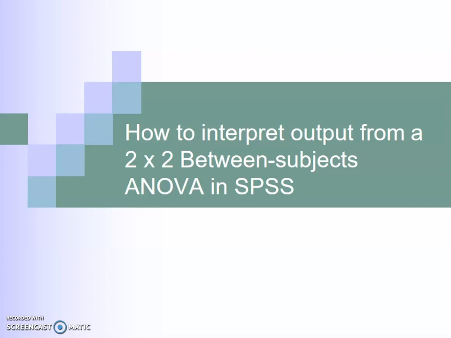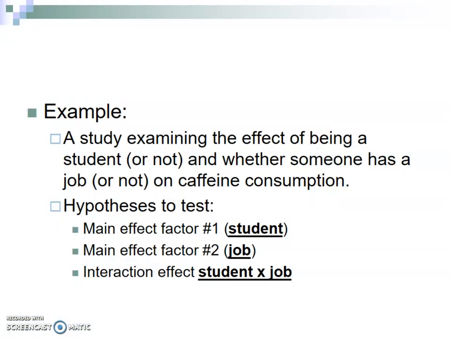So let me go through giving you an example first that we're going to work with. So here's my example. Let's say that we want to see if being a student or not and having a job or not has any kind of impact on caffeine consumption.